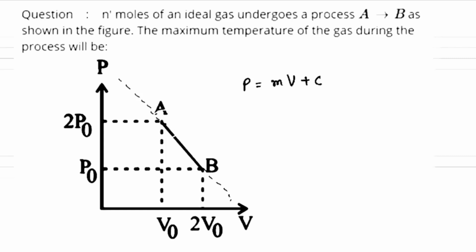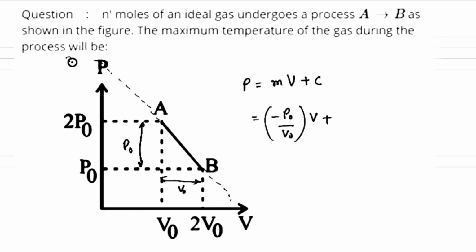So the slope is, you can see, negative, and this length is P naught and this length is V naught, right? So I will write minus P naught by V naught as the slope into volume plus a constant. If I talk about the constant, this line will cut the y-axis at 3 P naught, right?